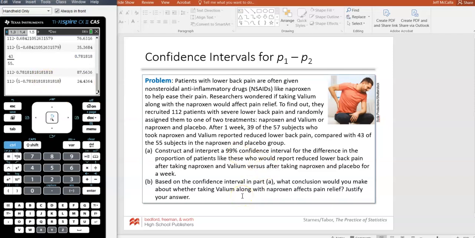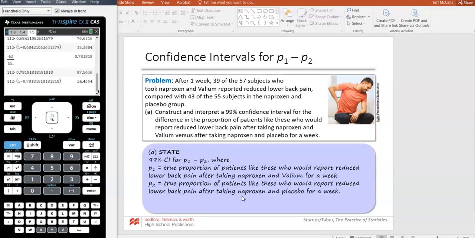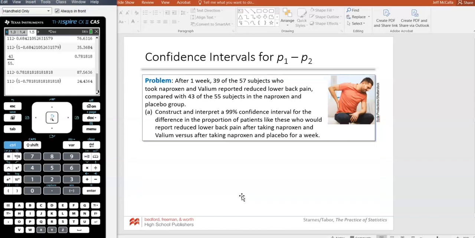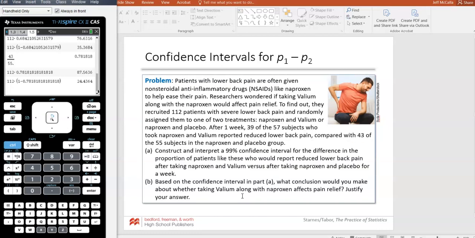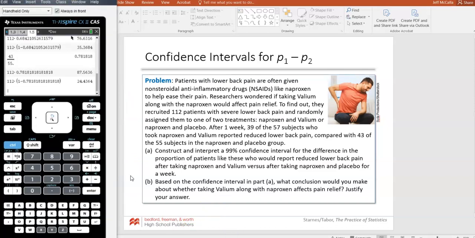Let's see what they said. This will be interesting. Okay, so they said state. I forgot the first step. I was already at the conditions. So state, you've got to talk about the parameter and the confidence level. So 99% confidence level. The parameter we're studying is the proportion. Make sure you use p and not p hat when you describe these.